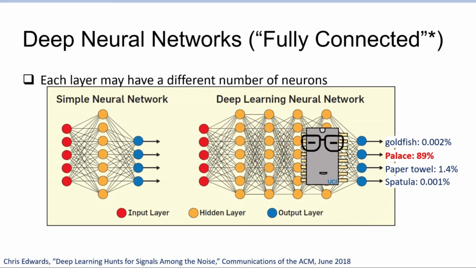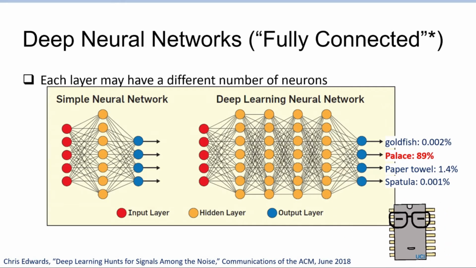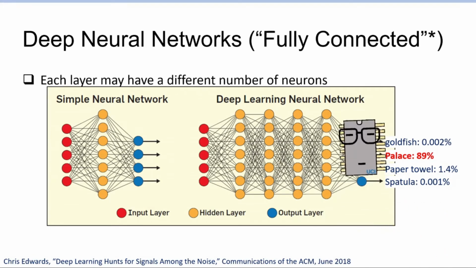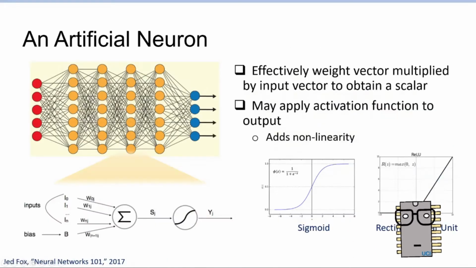Each output node for each input data will emit a value thinking, oh, I think I'm a goldfish node. I think this input photo has a certain percent chance that this is a goldfish. And lab 1 has been dealing with pretty much one of these intermediate layers. We'll do pretty much the same thing for lab 2 as well.